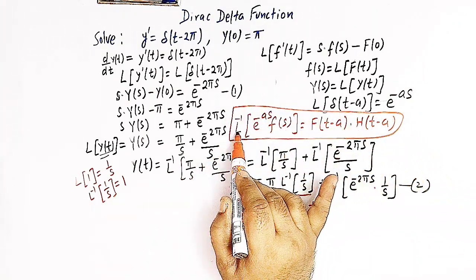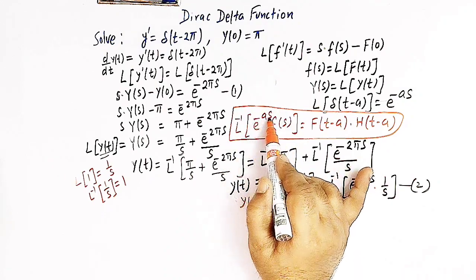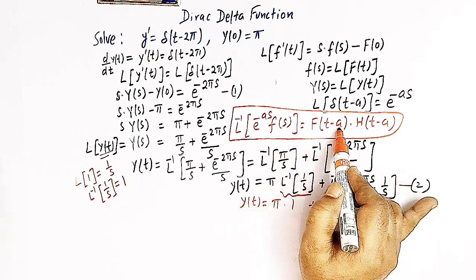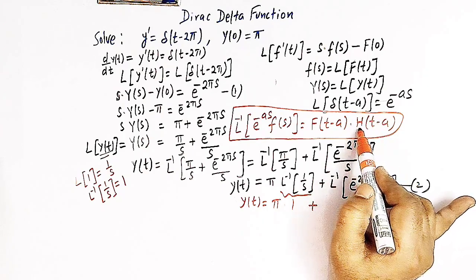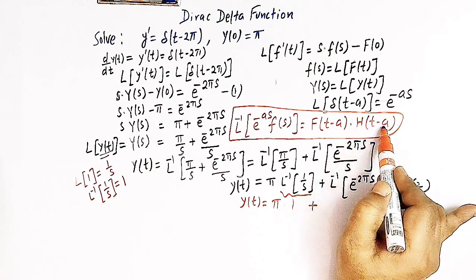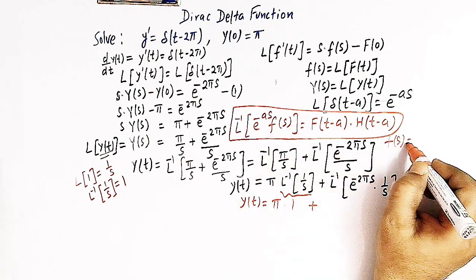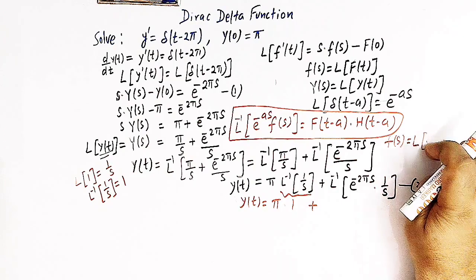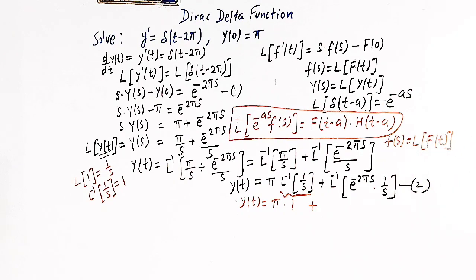So the inverse Laplace transform of this function, that is e raised to minus as F of s, is equal to f of t minus a times the Heaviside unit step function h of t minus a, where F of s is the Laplace transform of the function f of t, right? So here we have f of t.